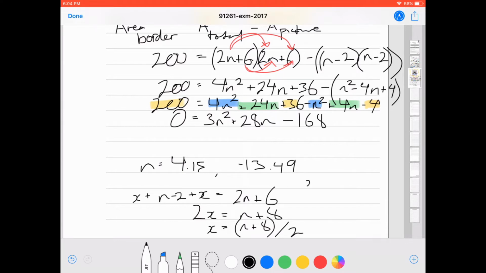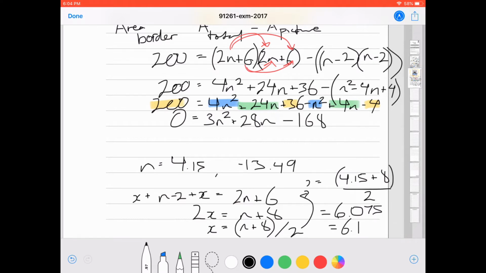So we can say x equals 4.15 plus 8 over 2, and just calculating this, that is 6.075. The marking schedule gives it as 6.1.